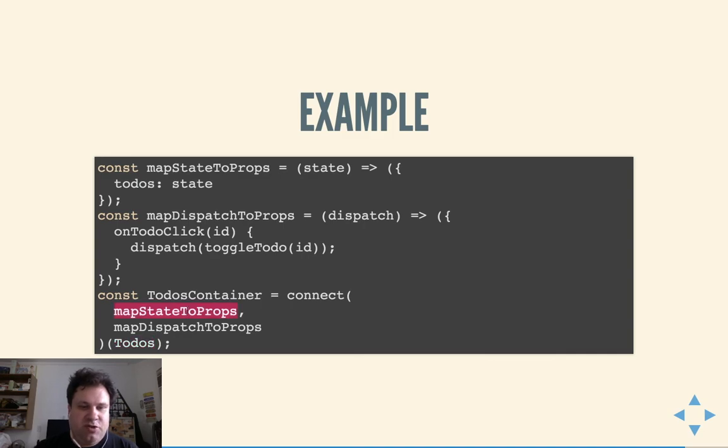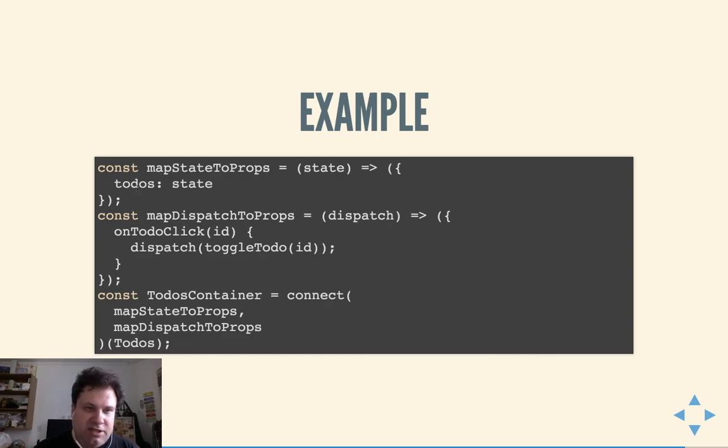You'll receive two functions, mapStateToProps and mapDispatchToProps. So mapStateToProps receives the state of the application and will return an object that maps the state to the props that will be passed to the Todos component.